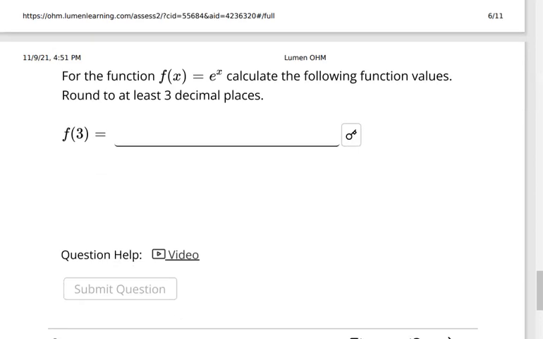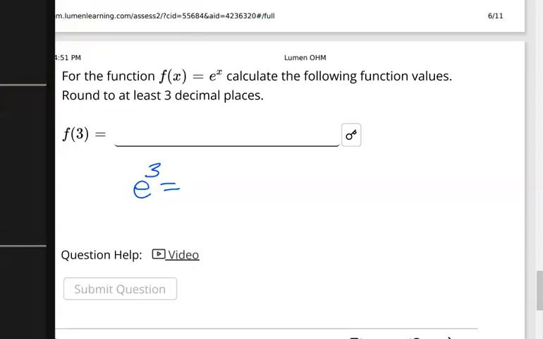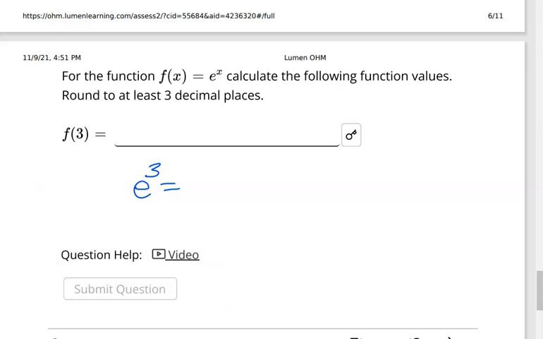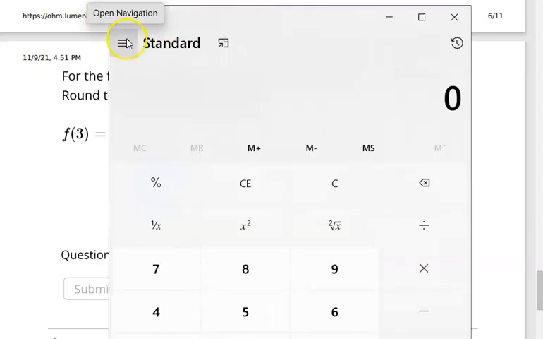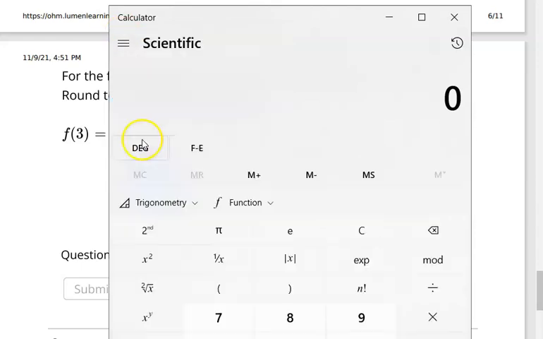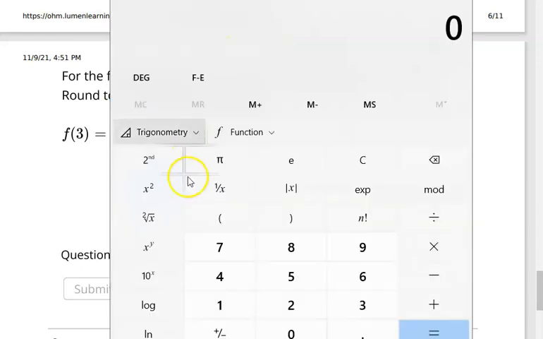Now this one, I have to simply calculate e to the third. When x is 3, that's basically e to the third. Well, I use my calculator, and I'll just bring up my PC calculator here. I have a standard calculator, and I'm looking for x to the third. Well, it's not on the standard calculator. I have to change it to scientific. And there I have e.